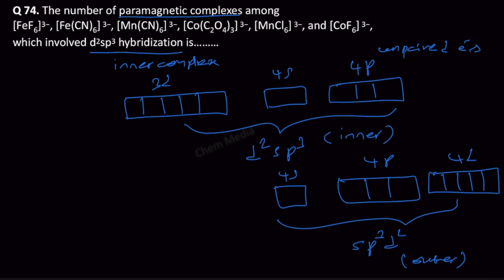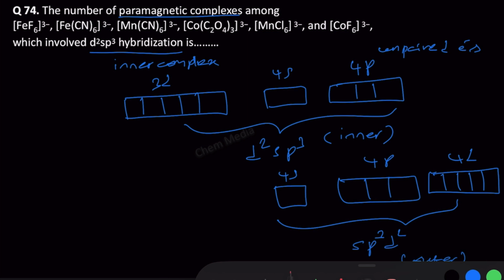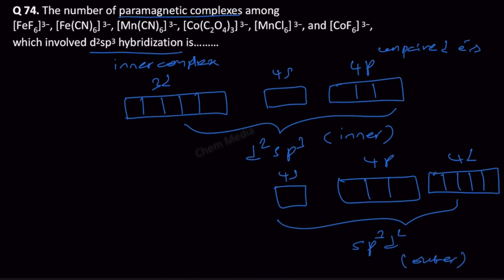Now, before going into those things, first of all we need to determine the oxidation state of each metal ion. So I will do it for one and then I'll tell you the oxidation state for the other cases. So we have FeF6 3-, the net charge is 3- in each case.